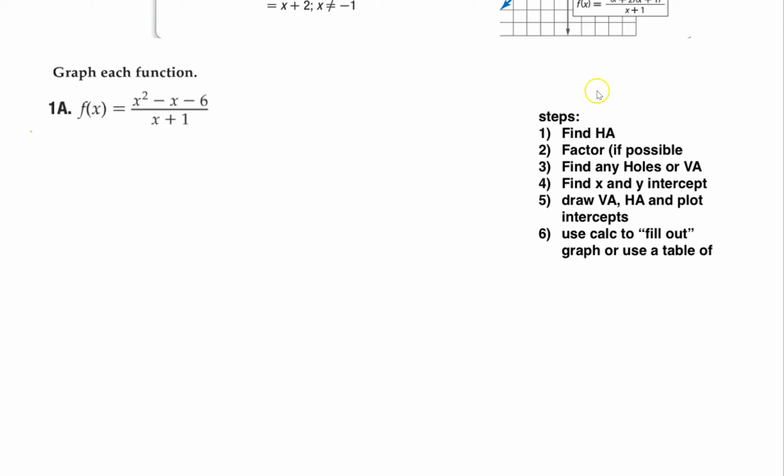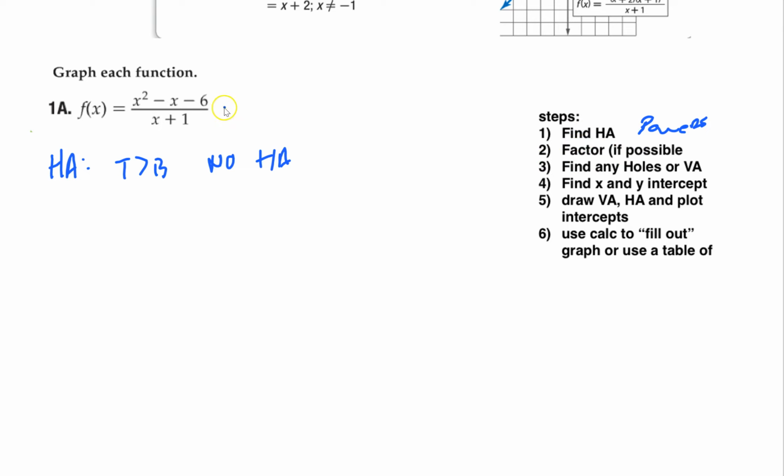So when we graph, these are the steps we're going to follow. First, step 1, let's find the horizontal asymptote. Easiest thing to do is look right here, that's the powers. In this case, the top power is bigger than the bottom power. And if you remember, that is none. So no horizontal asymptote. Next step, factor if possible.